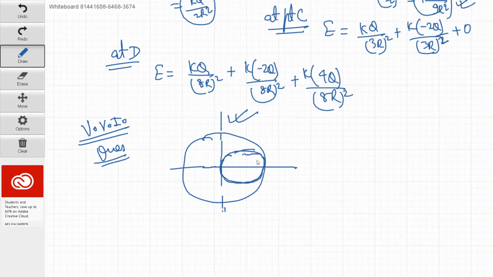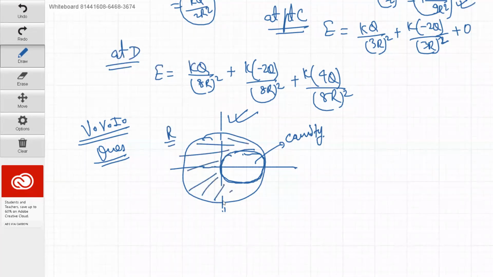Suppose this is the cavity. Radius is R. This is the solid sphere. And this is the cavity of the solid sphere. Is this all right? This is the solid sphere cavity. Radius is R.